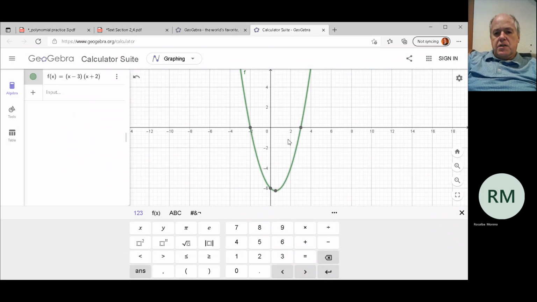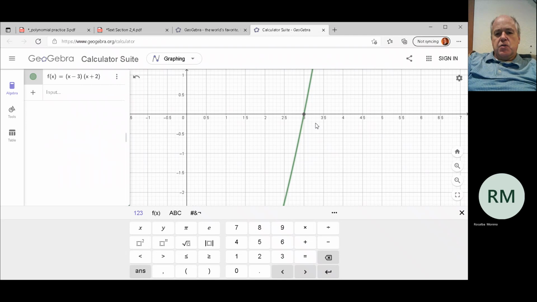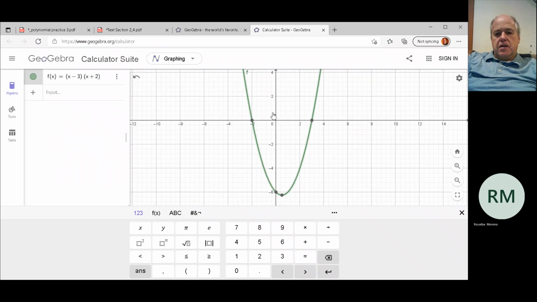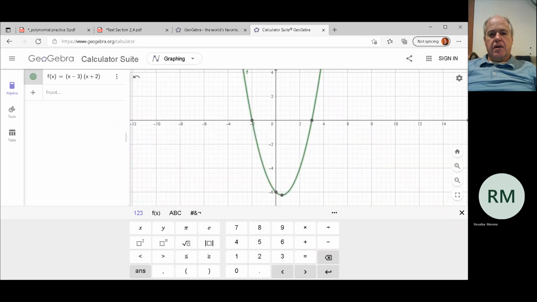And look at that. It crosses 0 at the value of x equals minus 2 and a value of x equals 3. That's where it crosses the x-axis. That's when y comes out to be 0. So when we're solving x minus 3 times x plus 2 equals 0, think to yourself, I have that curve x squared minus 3x plus 2x, x squared minus x minus 6.